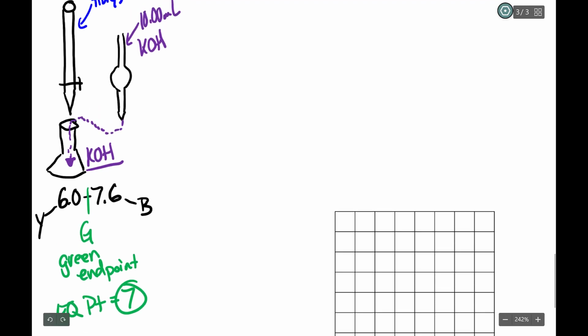Now, that means that this solution in the Erlenmeyer flask to start will be blue, and then it's going to turn to green. Now, if you did a really poor trial, it would go blue right to yellow, and you've skipped the equivalence point and the end point, and therefore the trial would be deemed useless. Okay, so we're looking to start blue and end green.